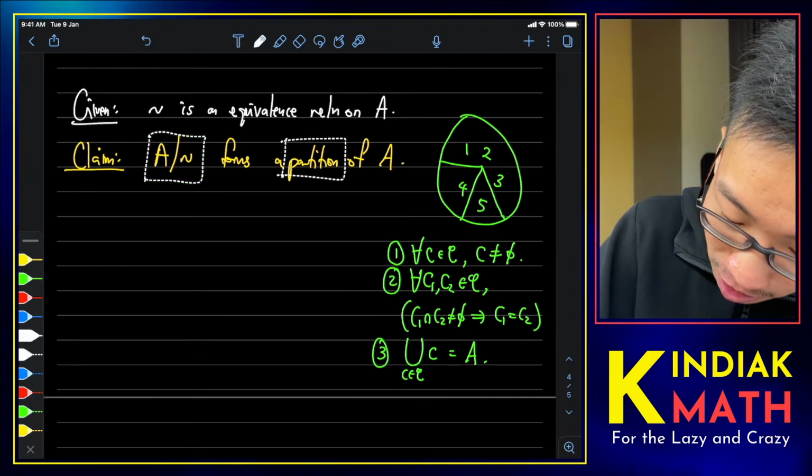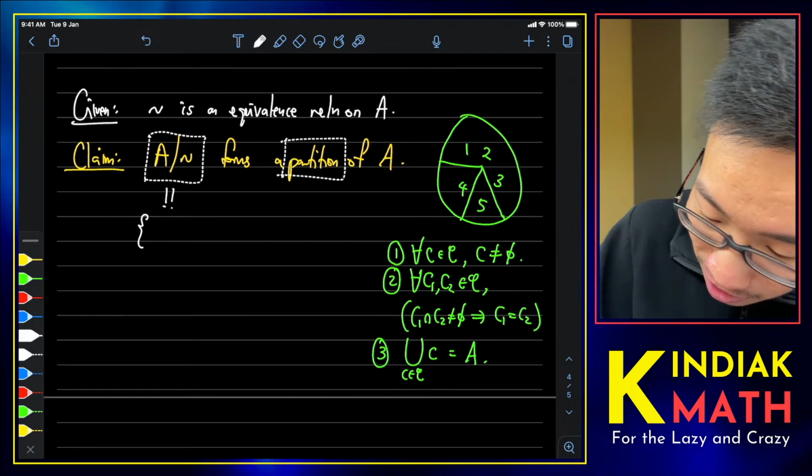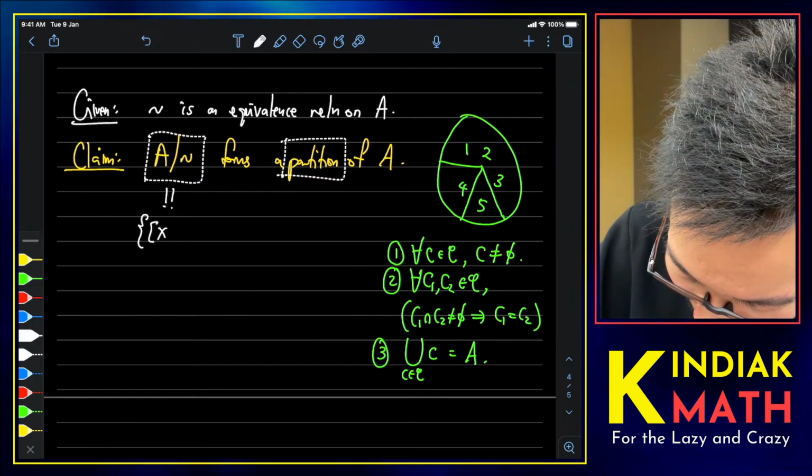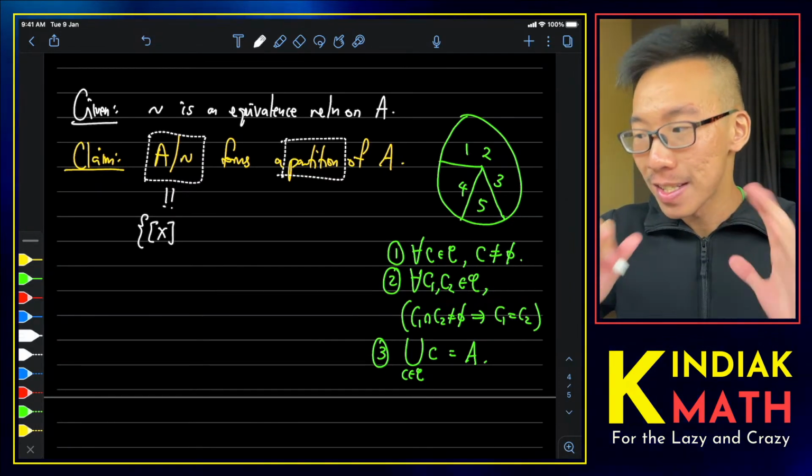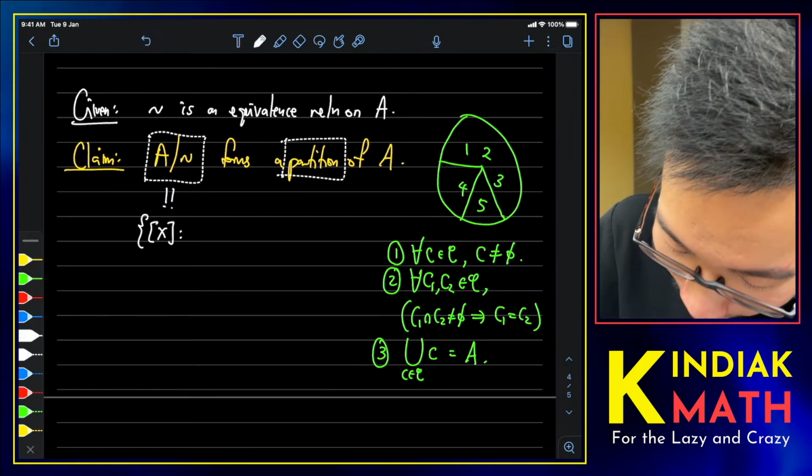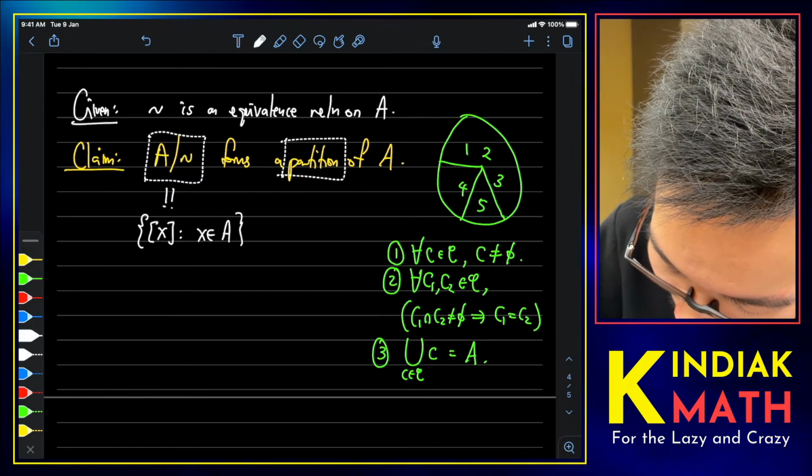This notation refers to the collection of all the different equivalence classes. What are equivalence classes? I'm going to talk about that in just a moment.